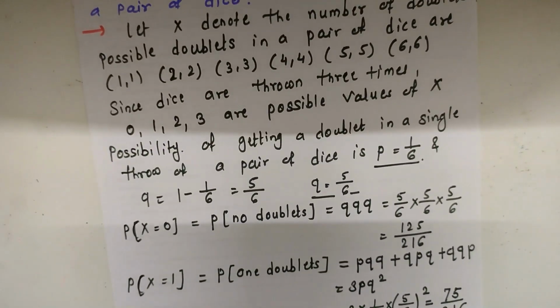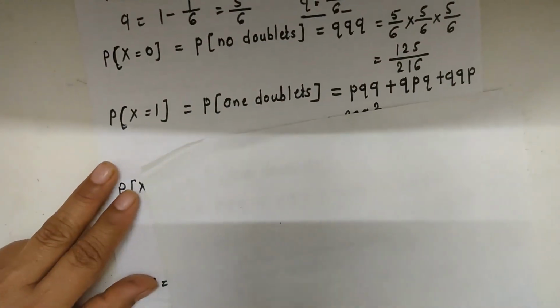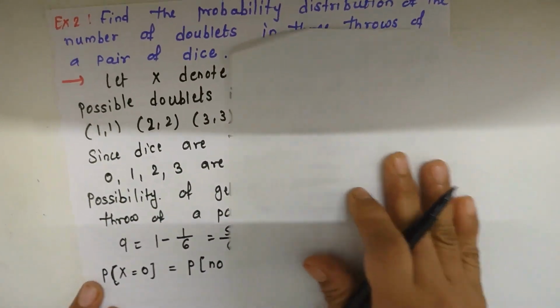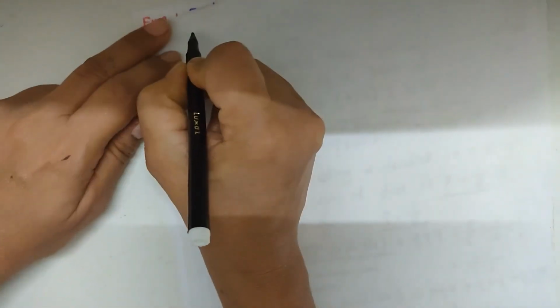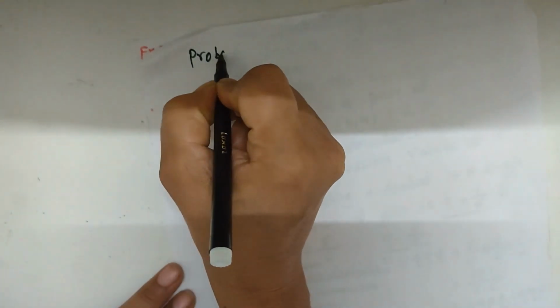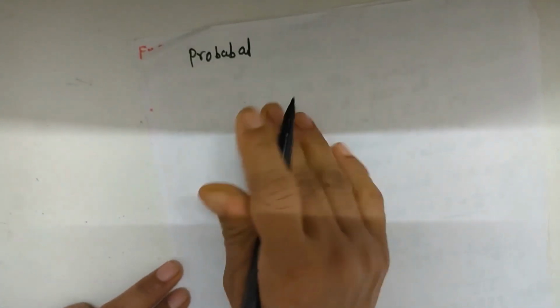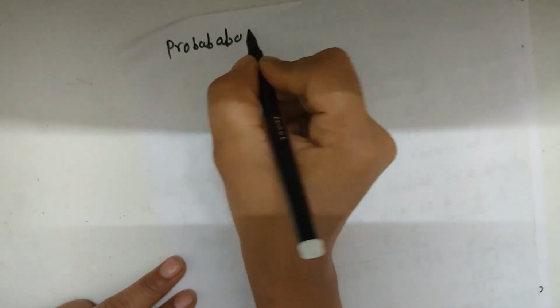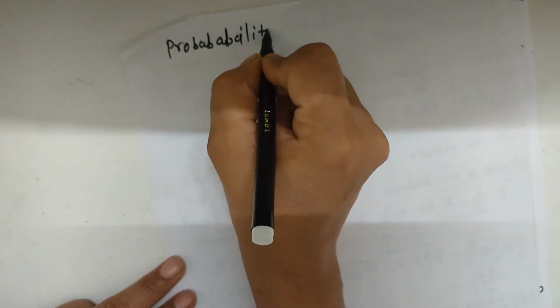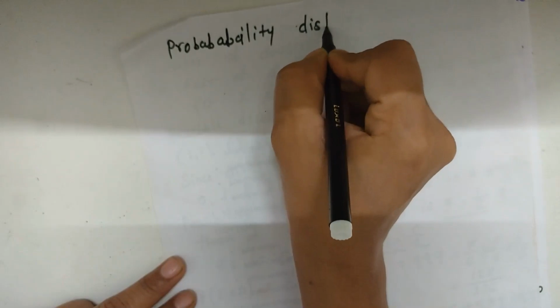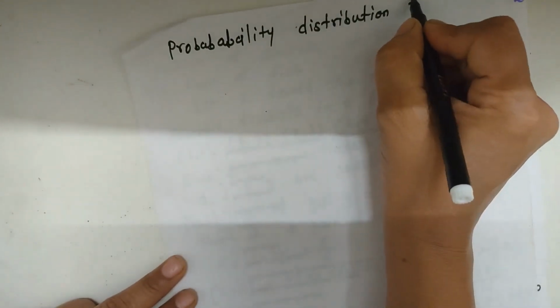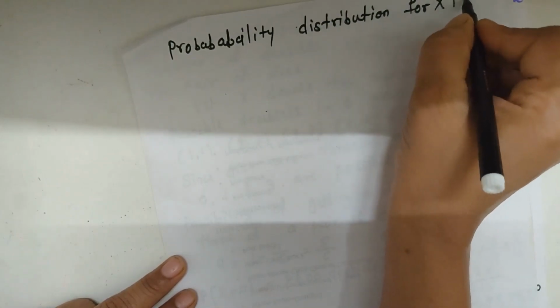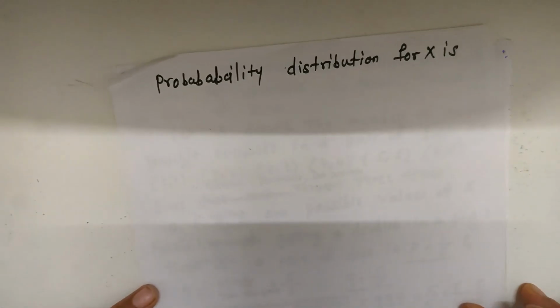So the probability distribution table for this random variable x can be written as follows.